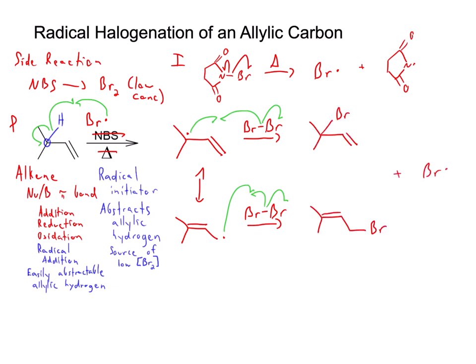Of course, anytime we get the products like this, we should check for stereochemistry. Now, the stereochemistry that we need to check for is twofold. First, we need to check for R and S stereochemistry. In other words, we need to look for a stereogenic center. And there is no carbon with 4 unique bonds in either of these products, so we don't need to worry about it this time.